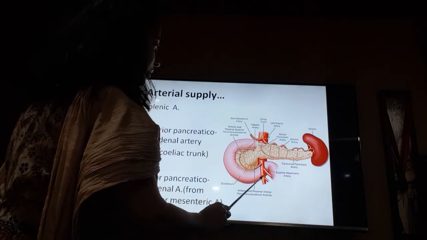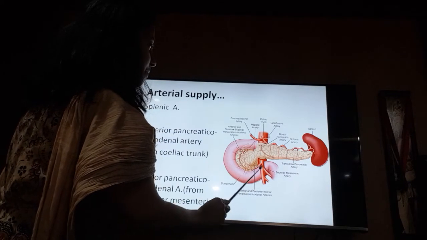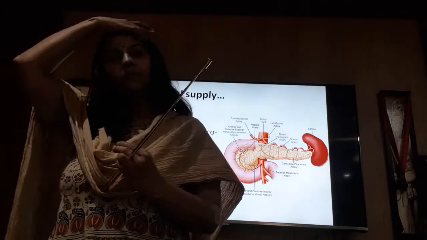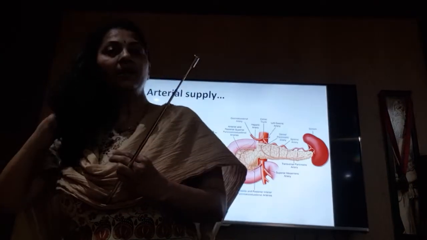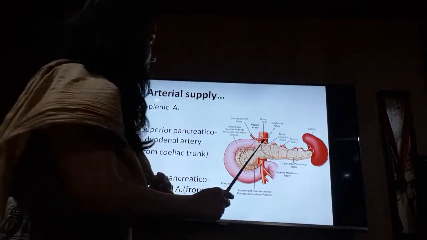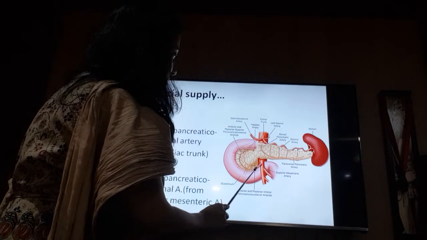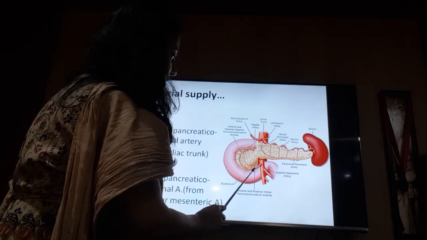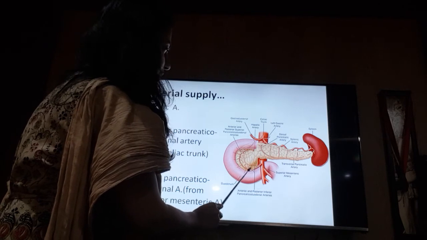And now this is the superior mesenteric artery, meaning the artery of the midgut. It is giving a branch here. You can see very clearly, which is again dividing into two, one dorsal, one anterior or ventral.